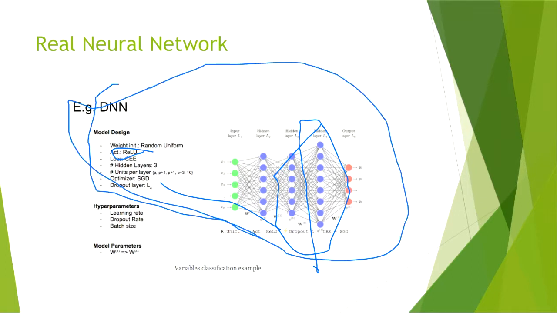So in your assessment, you have been given the heading designing of the neural network. In that design, you write about all these. And then this is your hyperparameters. This is your model parameters. Okay. Is there any doubt in this?